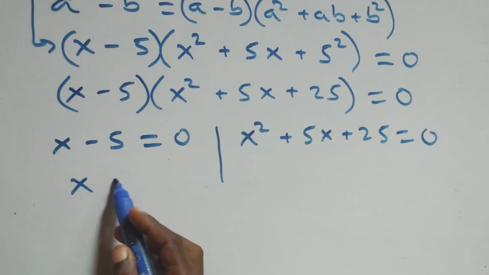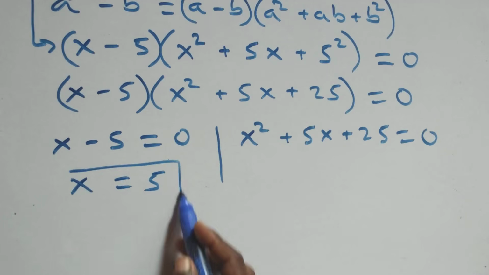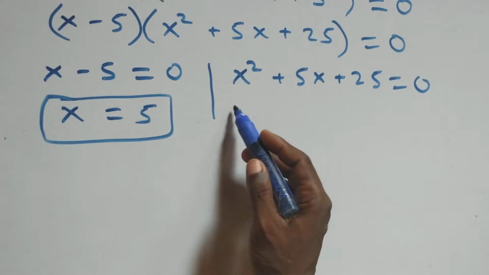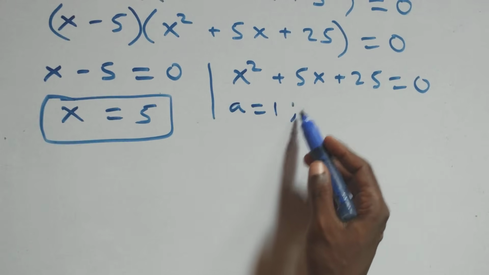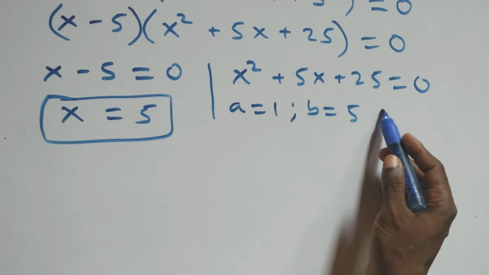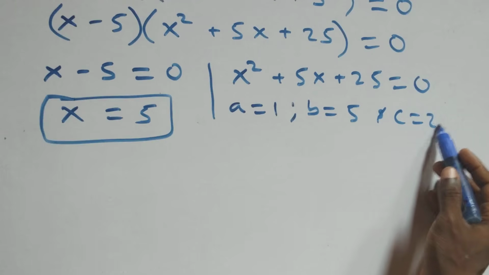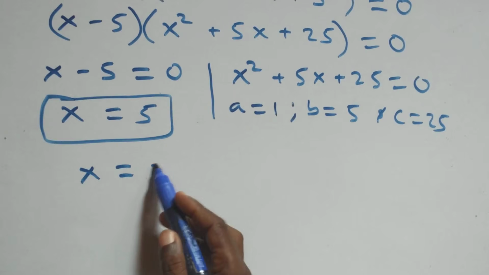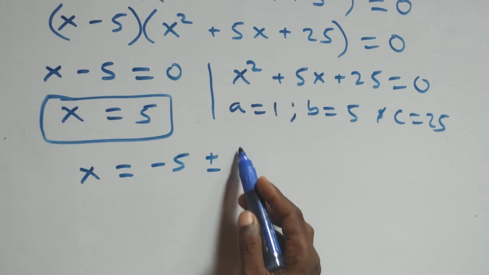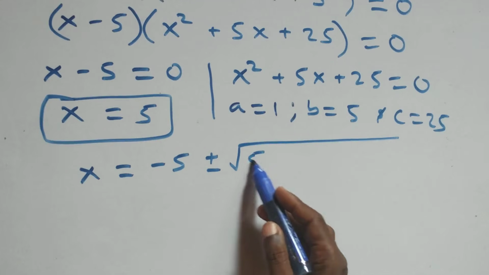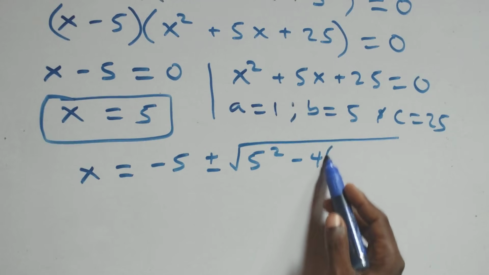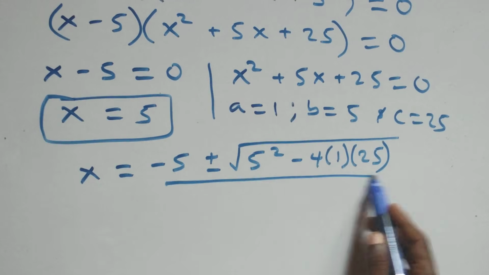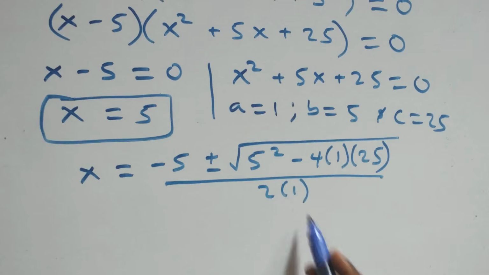Solving this side, we have x equals 5, which is a real solution. Also here we have a quadratic equation where a equals 1, b equals 5, and c equals 25. Applying the quadratic formula, x equals minus 5 plus or minus square root of 5 squared, which is 25, minus 4 times 1 times 25, all over 2 times 1.